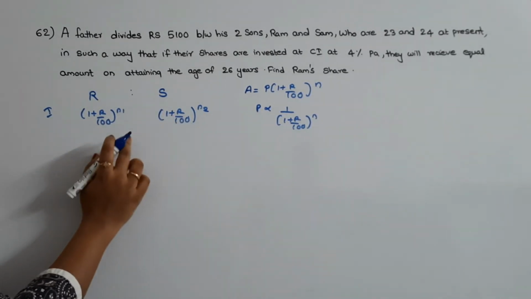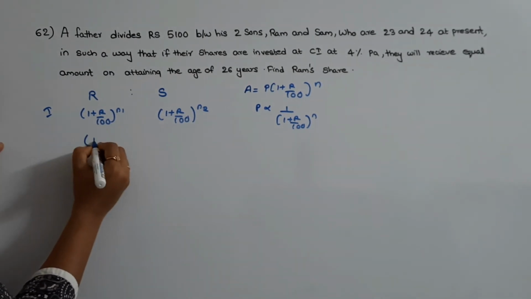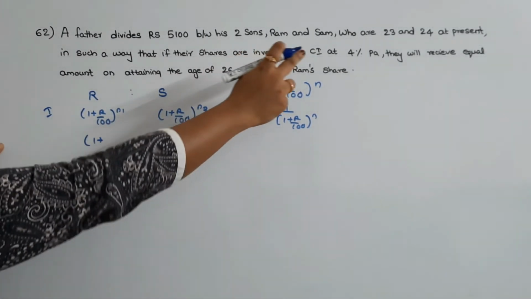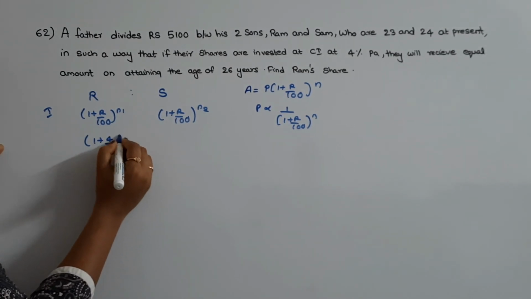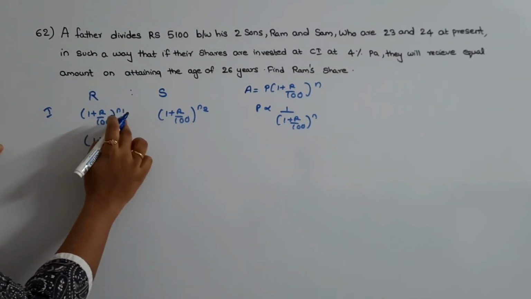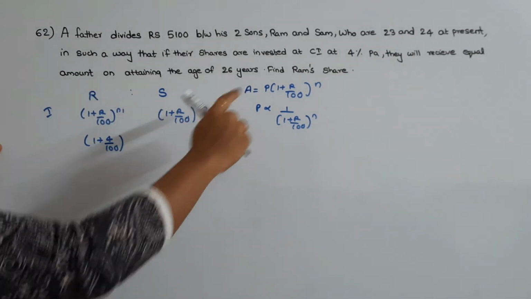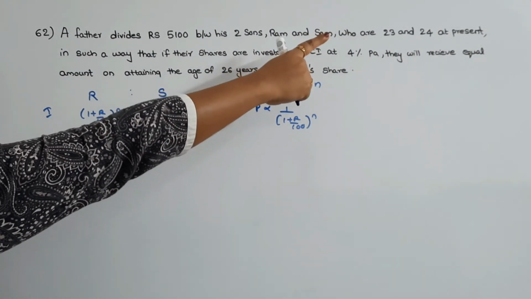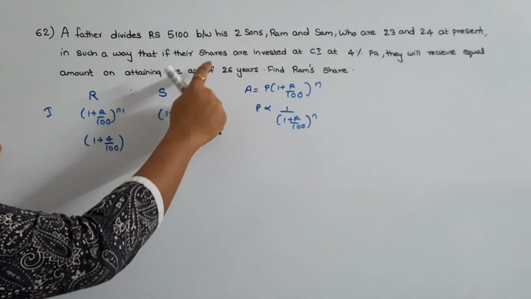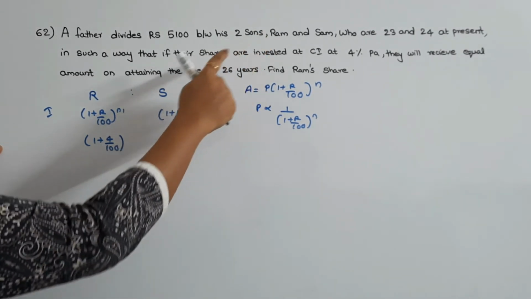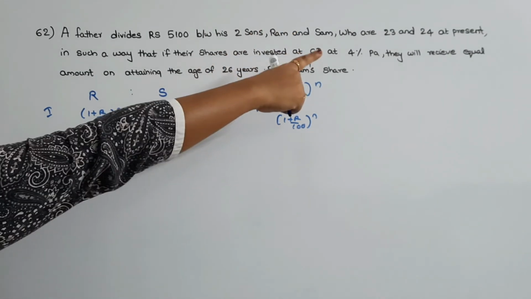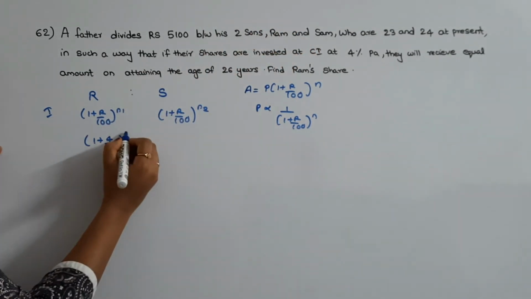On substituting the values, 1 plus R is the same for both, that is given as 4%. 1 plus 4 by 100 whole raised to N1. What is the time period of Ram? When Ram was 23 years, his father invested, and it was invested until he was 26 years. So the number of years is 26 minus 23, that is 3.